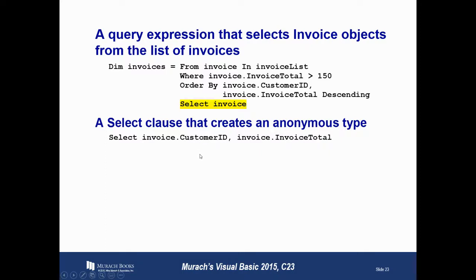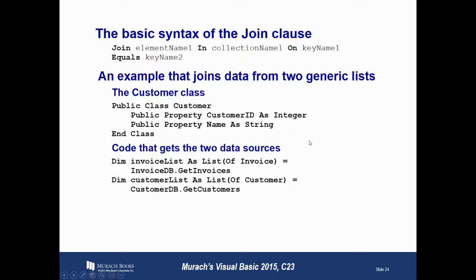So what type of object is this? This is an anonymous type. You can't reference it again. Doesn't have any methods to it, but it's going to hold customer ID, which is an integer, and invoice total, which is a decimal value.